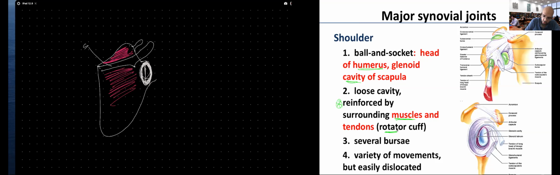So those are sites for attachment of 2 muscles. The muscle that gets its origin from above the spine, we call it the supraspinatus. And the muscle that would be getting its origin from below the spine of the scapula, we call it infraspinatus.